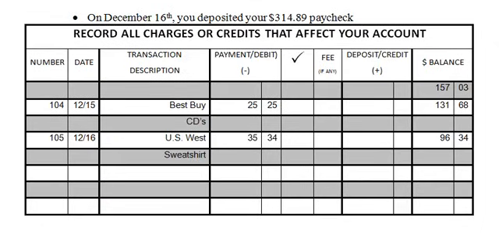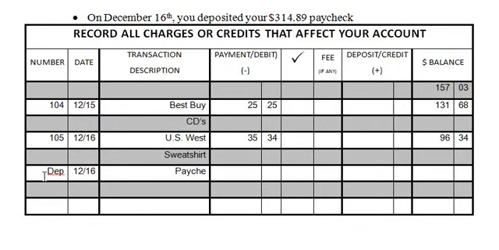On December 16th, you deposited your $314.89 paycheck. So this transaction is going to look a little bit different. Instead of putting in a check number, we're going to put in a code, such as DEP for deposit. We're still going to put the date. We're going to put a description.